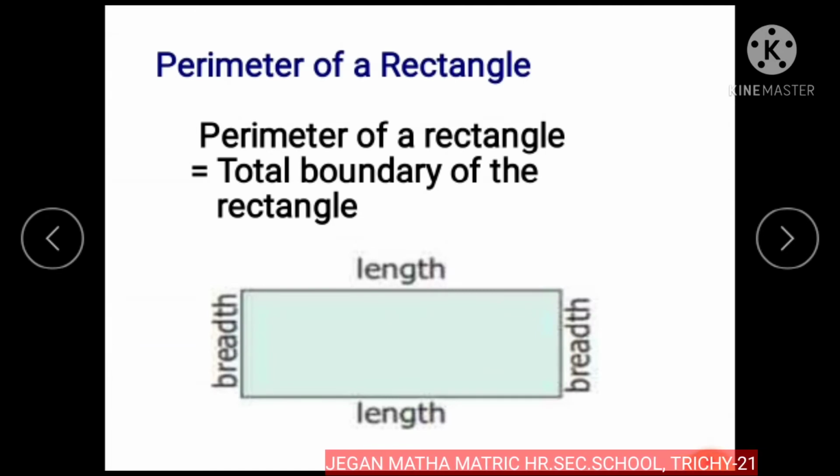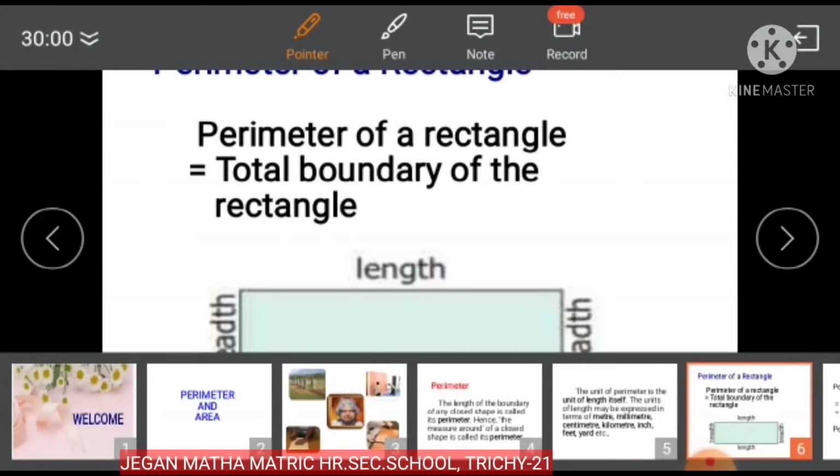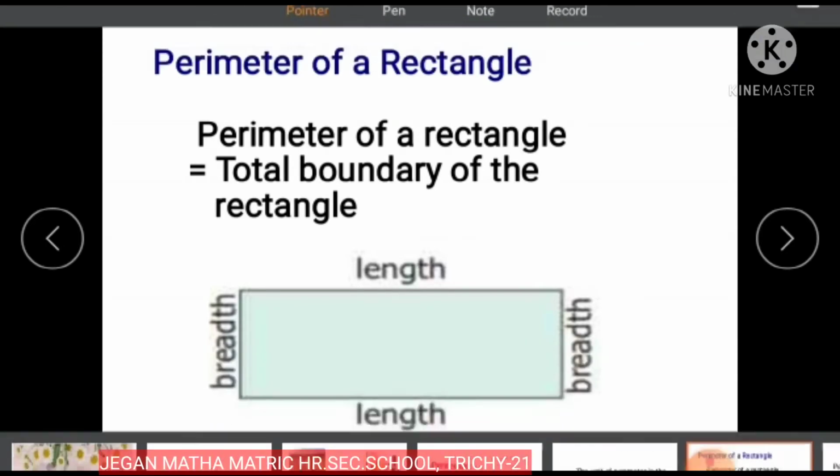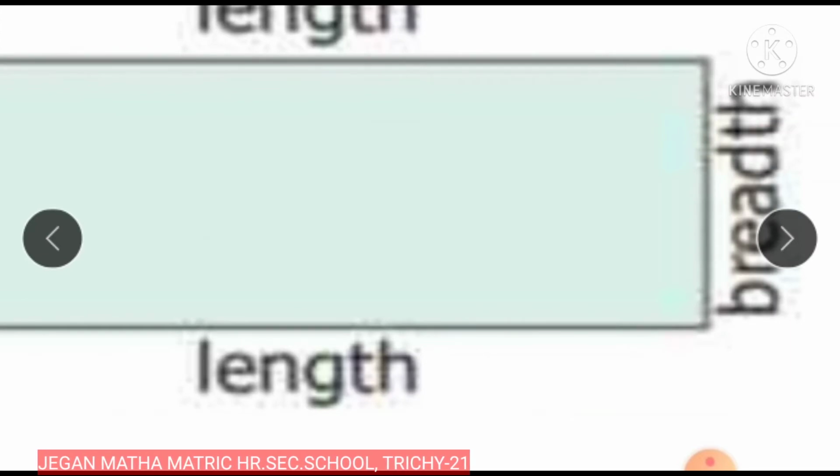Perimeter of rectangle. Perimeter of rectangle is equal to total boundary of the rectangle. Length plus breadth plus length plus breadth equal to 2 into length plus 2 into breadth equal to 2 into length plus breadth.